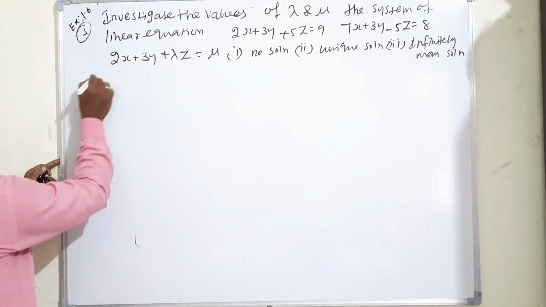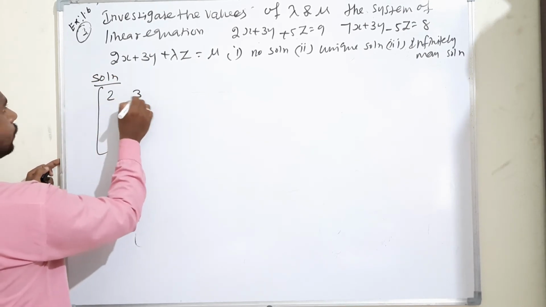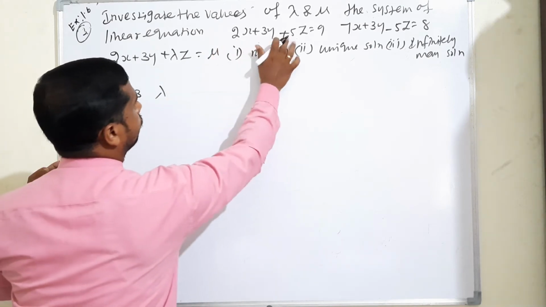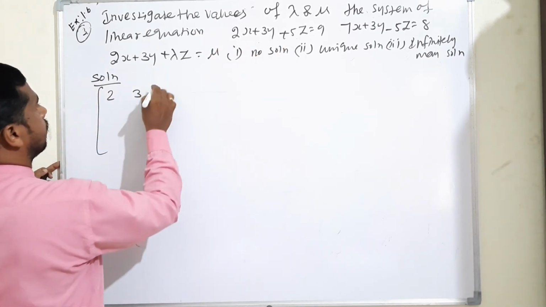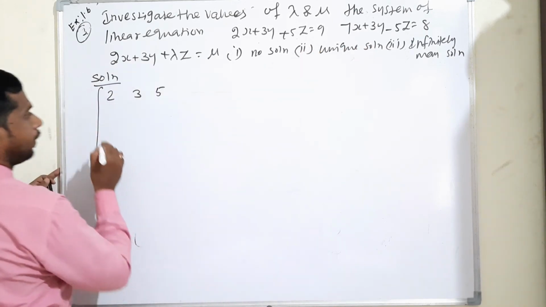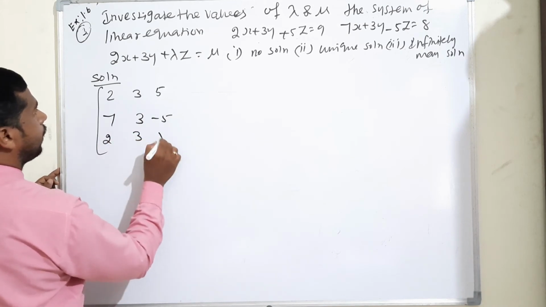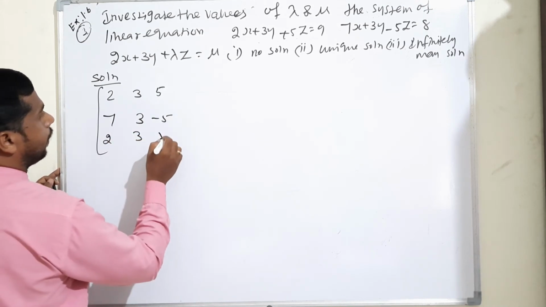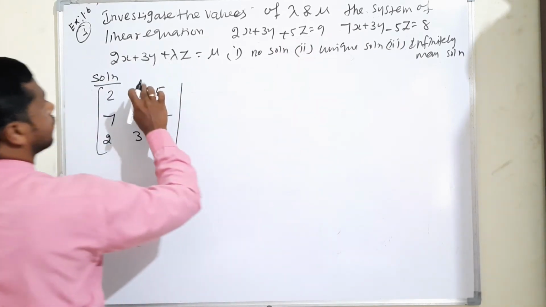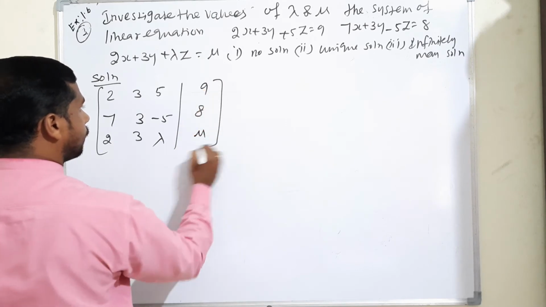First we have to arrange the system. 2, 3, 5, then 7, 3, minus 5, then 2, 3, lambda, then the constants 9, 8, mu.